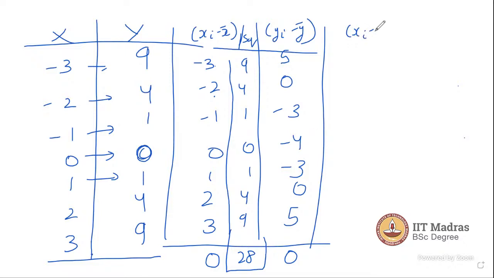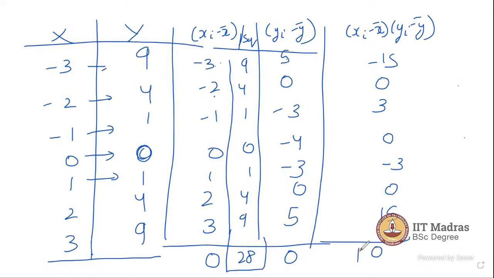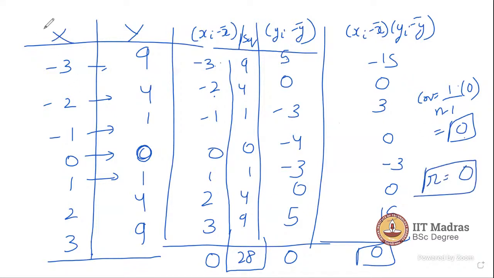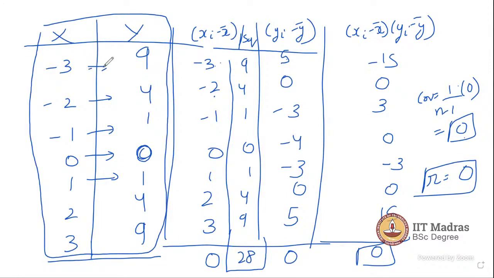Okay, let me just calculate the covariance. -3 times -15, 0, 3, 0, -3, 0, and 15. You can see here the sum is 0. So my covariance will be 1 upon n-1 times 0, which is 0. If covariance is 0, my R will also be 0. So it's an example of zero correlation data. And here also I'm squaring the observations, so we just can't tell by looking at the data if it's perfect or 0.